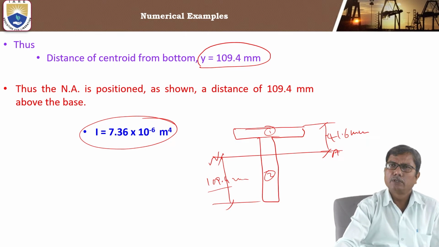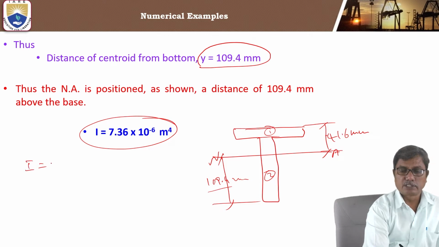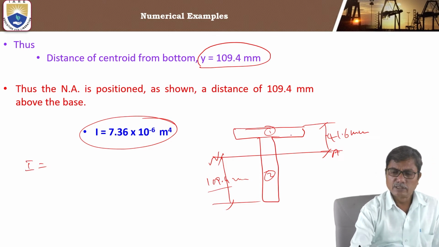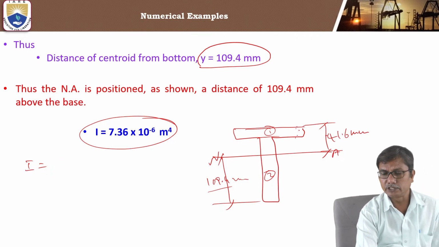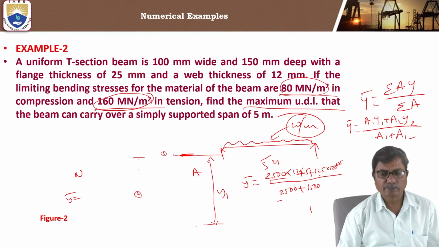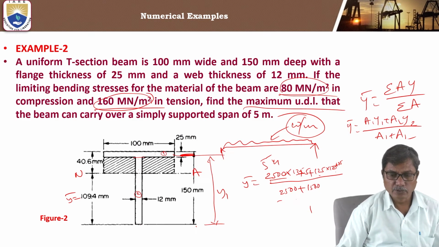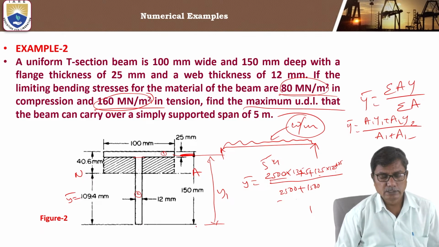The moment of inertia is that of the flange portion. The width of flange is 100 mm, the thickness of flange is 25 mm, the thickness of web is 12 mm and the depth of web is 125 mm.